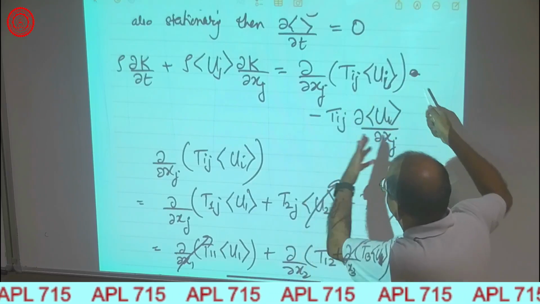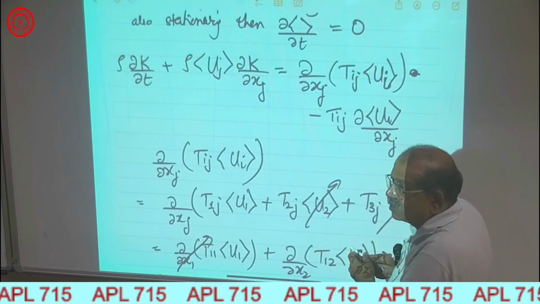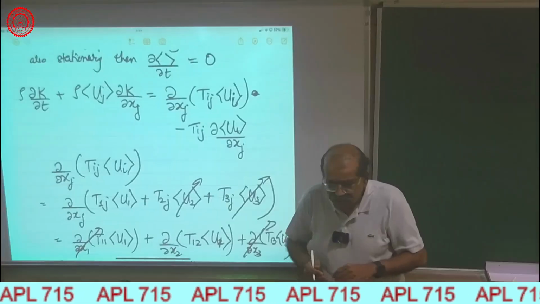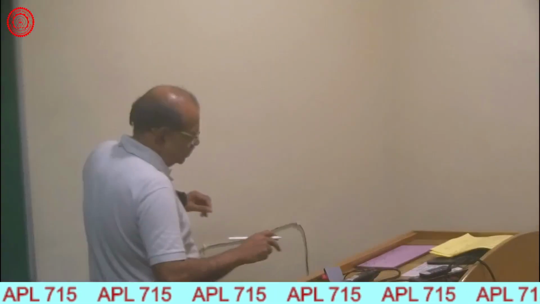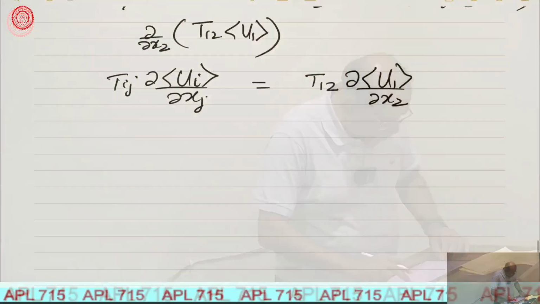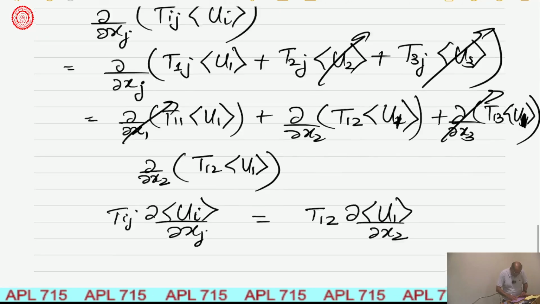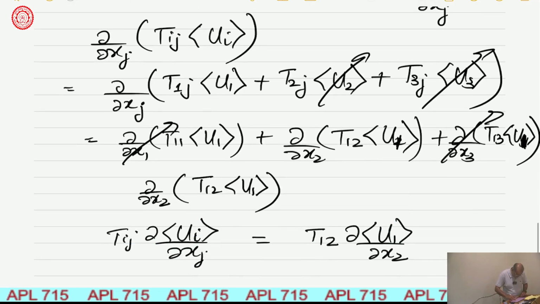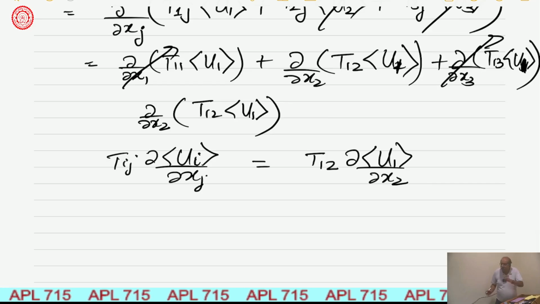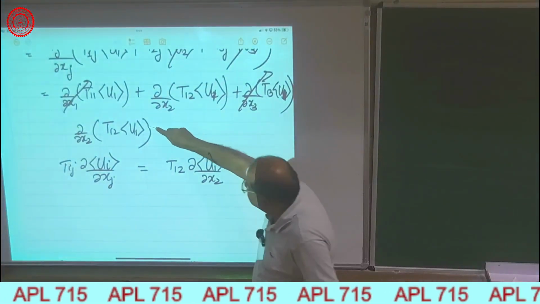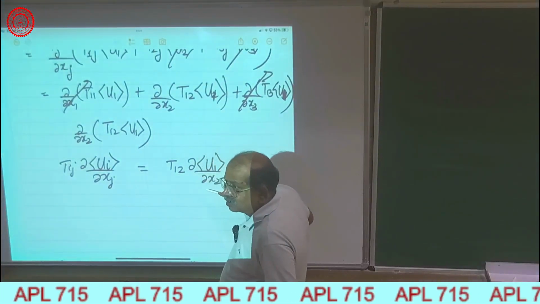So the right hand side is there. Let's look at the right hand side. Will it cancel? Let's see. In the right hand side there will be something which will not cancel out, because d by dx2 is not 0, d by dx1 is 0, so there's a d by dx2 here and a d by dx2 there.